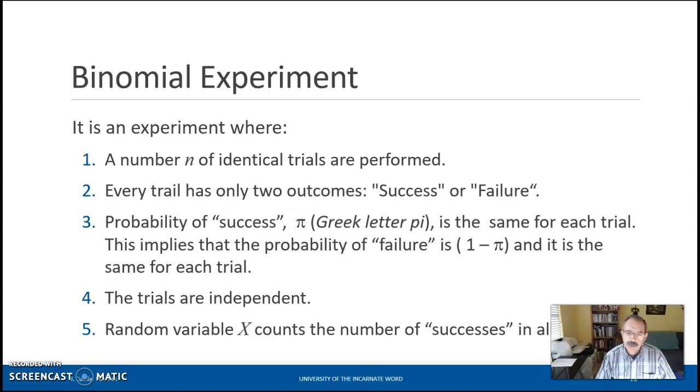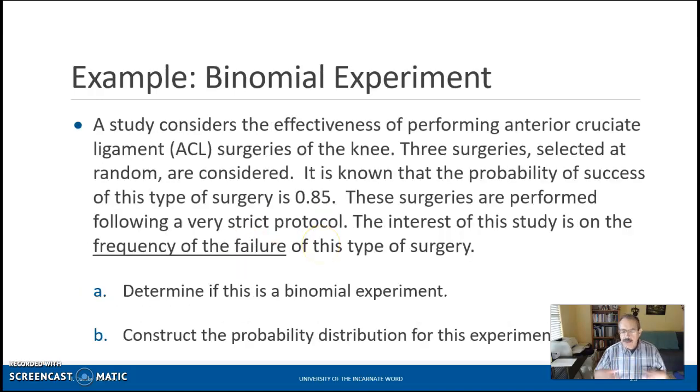And before we introduce the formula of the binomial probabilities, let's see how these probabilities are obtained. All right. So let's consider an example. In this study, it considers the effectiveness of performing an anterior cruciate ligament surgery, or ACL, of the knee.